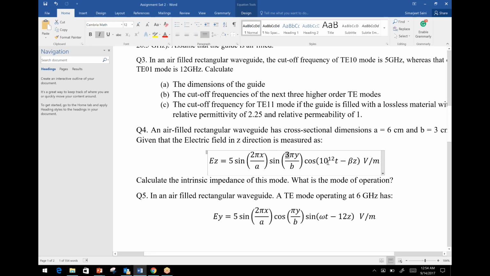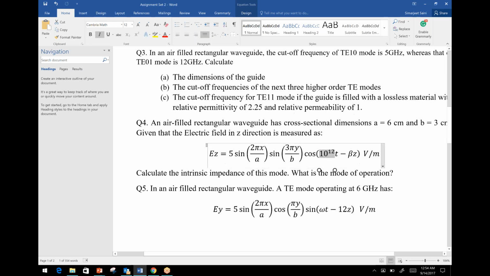Also, what else is given to you to figure out is the term 10 to the power 12 in the equation, which I have in the cos function, that is cos of omega t minus beta z. So this 10 to the power 12 should be the angular frequency omega of the waveguide.